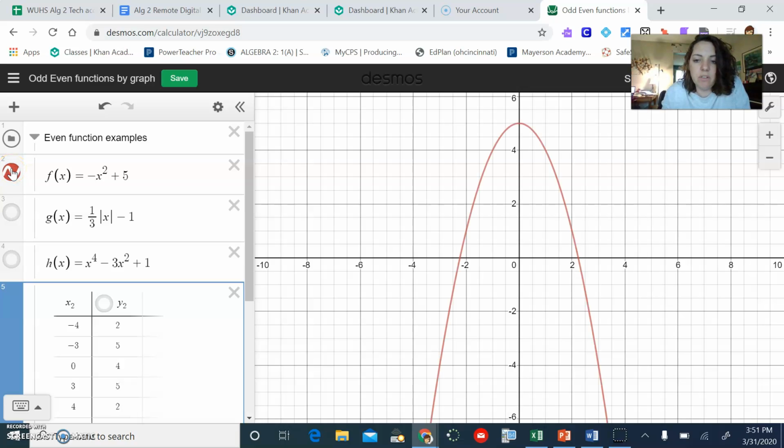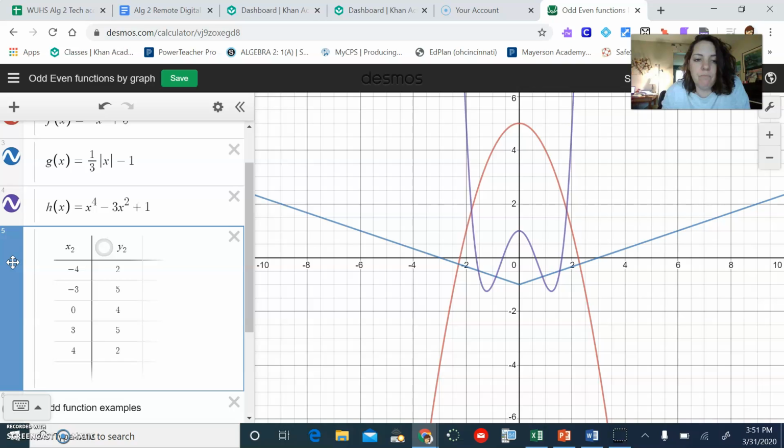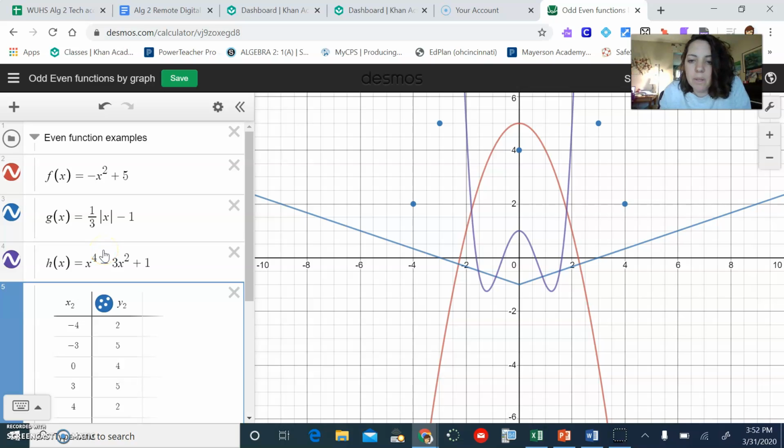So there's an even function. An example. There's another example. There's another example. There's one more. Now that one's just a bunch of dots, these blue dots. But there is something that's common to all of those.